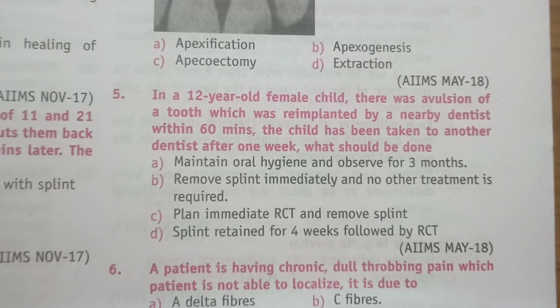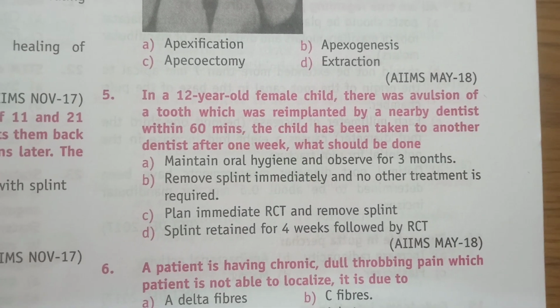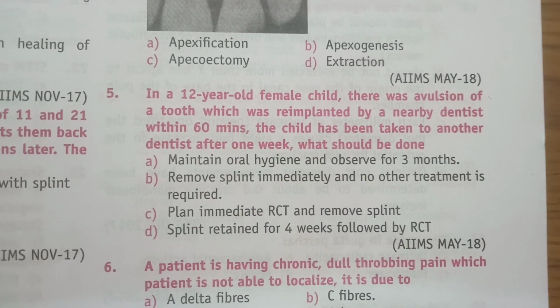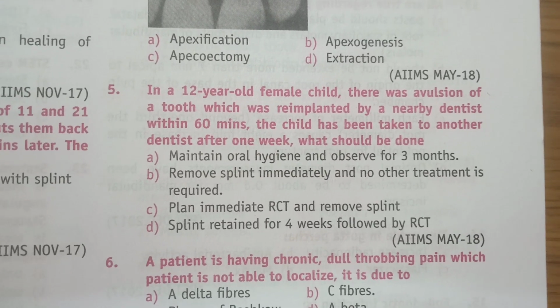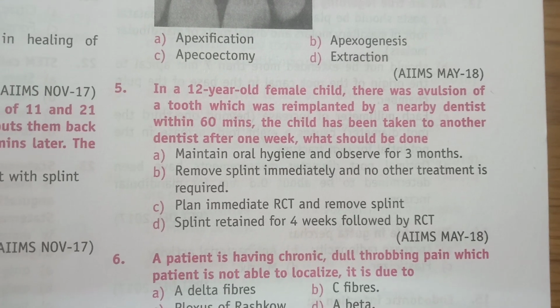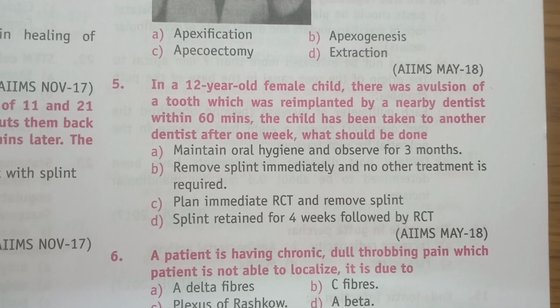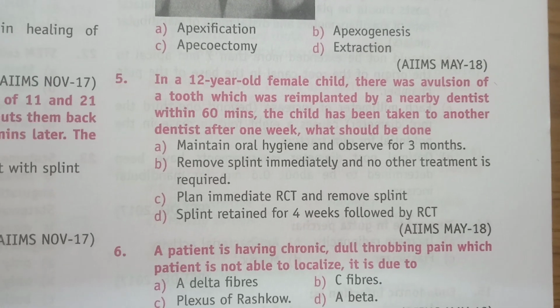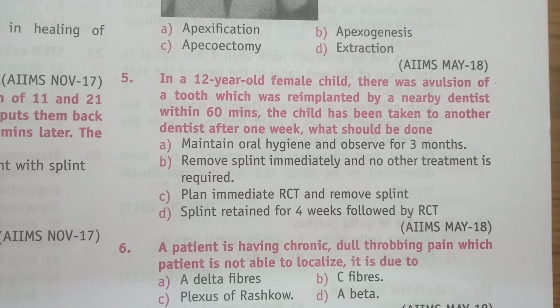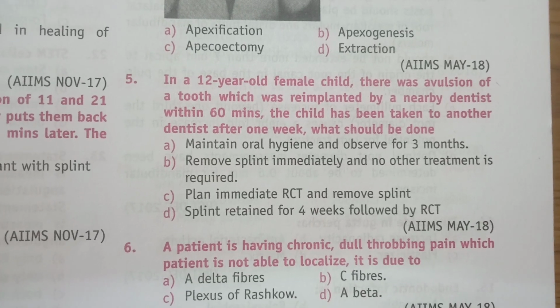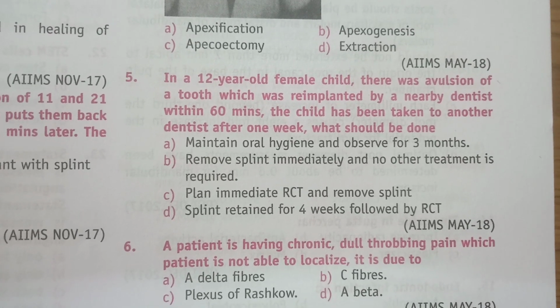Next question. In a 12-year-old female child, there was avulsion of a tooth which was reimplanted by a nearby dentist within 60 minutes. The child has been taken to another dentist after 1 week. What should be done? Option A. Maintain oral hygiene and observe for 3 months.